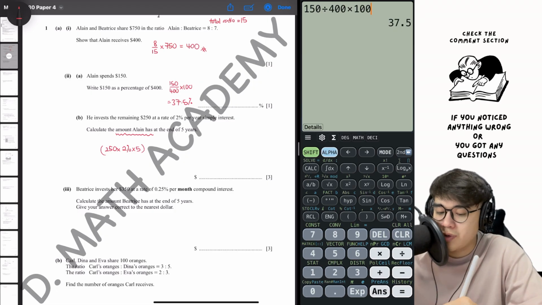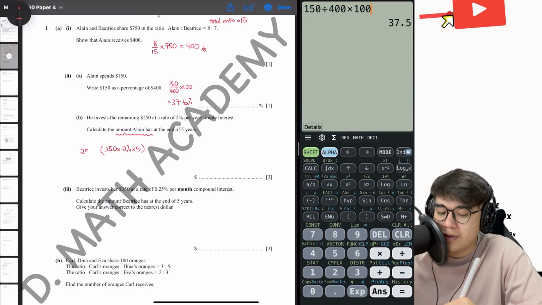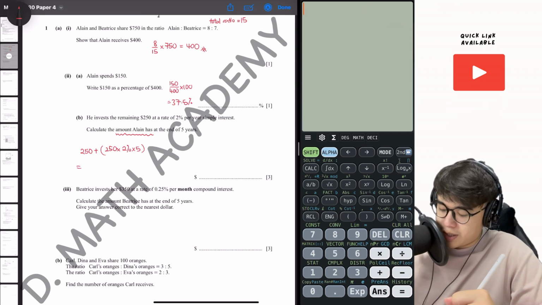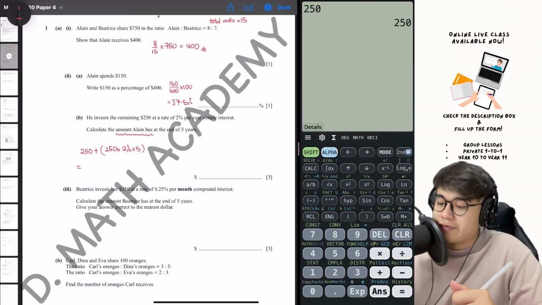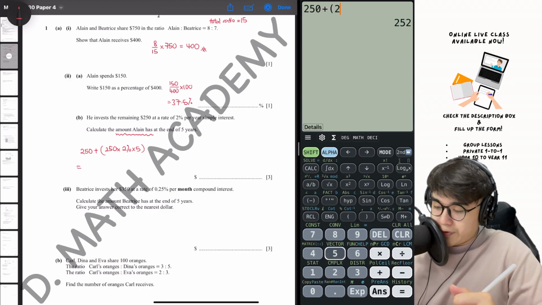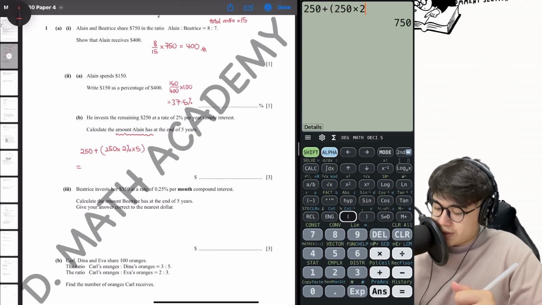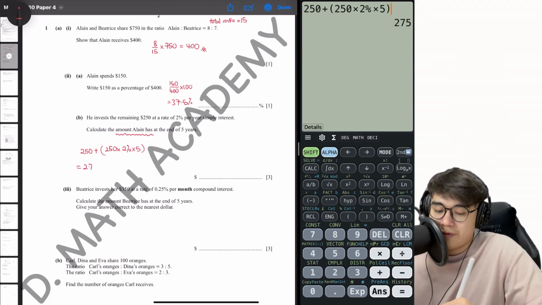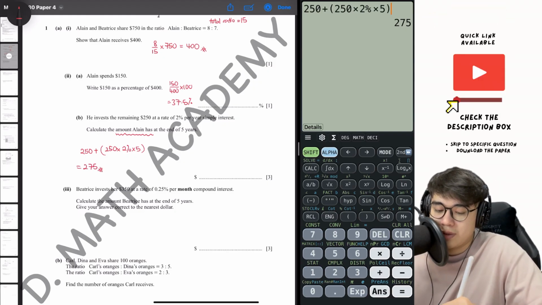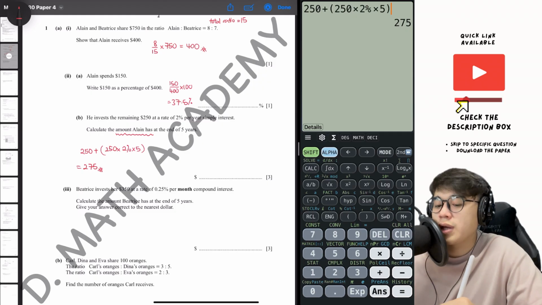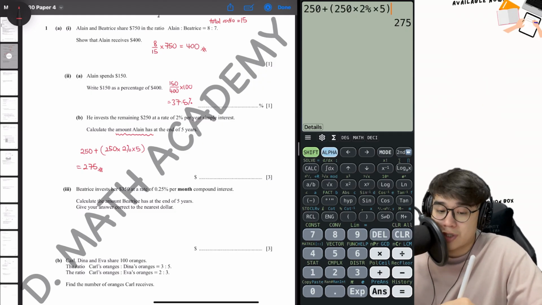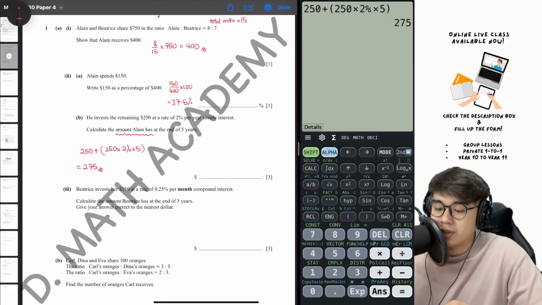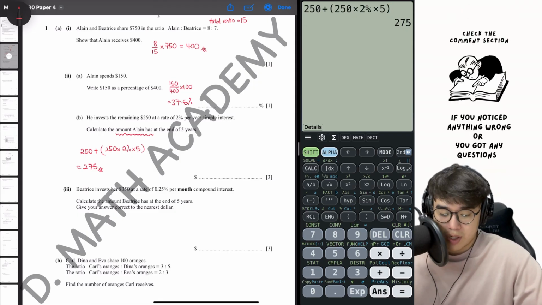Aside from this, you have to add back the value that you invested, in order to find the value of the investment here. So with this working, you'll be able to identify that altogether, with its capital and the interest earned, it clocks in at $275 after 5 years.